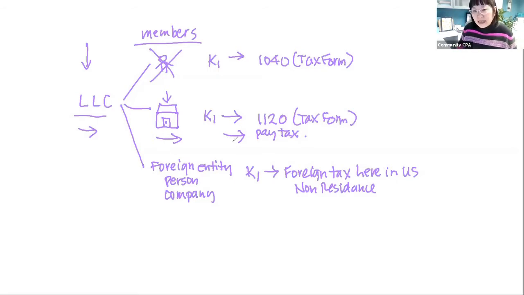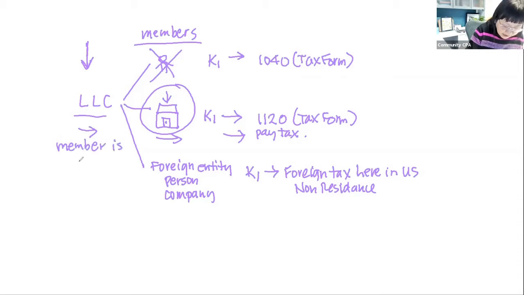For whatever reason, if I don't want to make money, I couldn't think of any, but maybe you can think of something, then the structure will come in handy. And you know how to structure that out. It can be in the corporation, it can be in the LLC, but the member is a company.